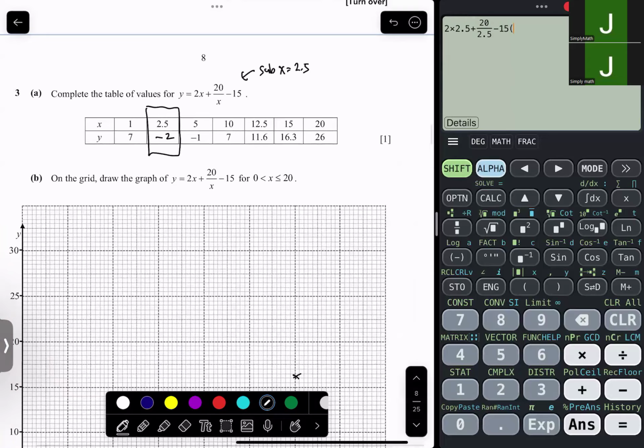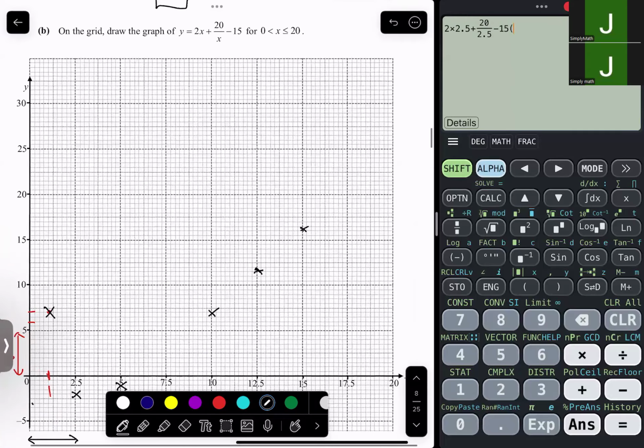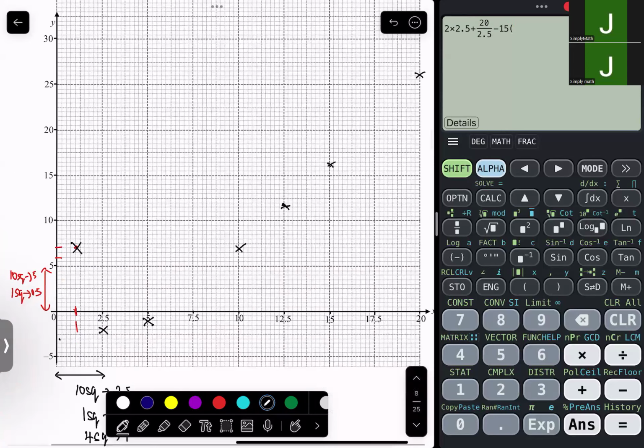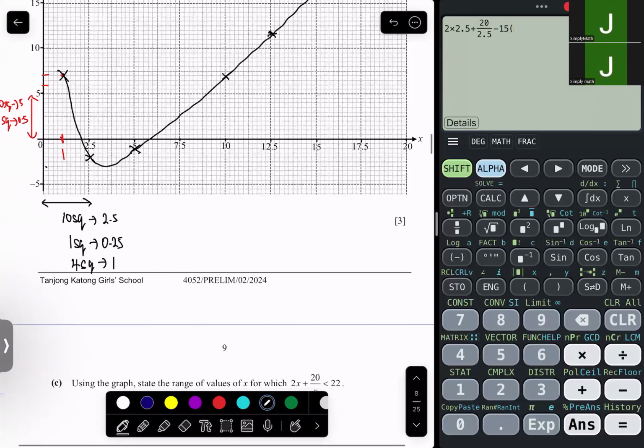Then 20 and 26. 26 is not on this grid, so we'll have a curve like this, something like this.